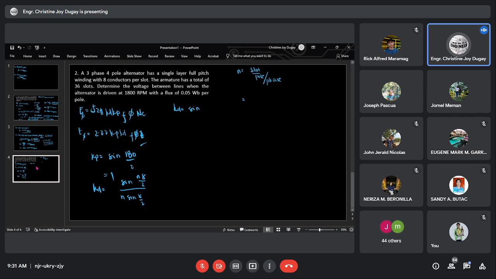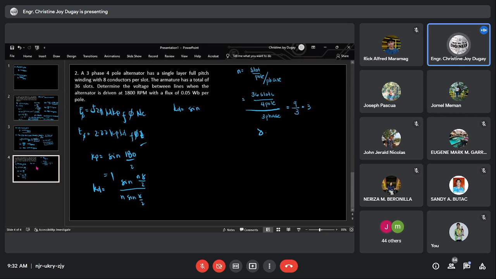Slot per pole po natin, that is 36 slots, divide nyo siya sa number of pole natin, which is 4 pole. And then ilang phase tayo? This is 3 phase. So that is equal to 36 divide 4, that is 9. Divide 3, that is equal to 3. No? Tama? So, n natin is equal to 3.